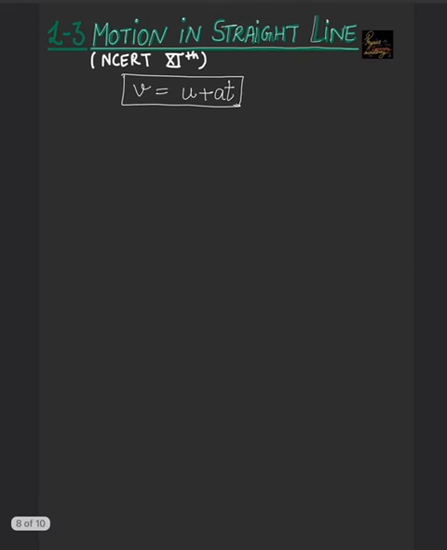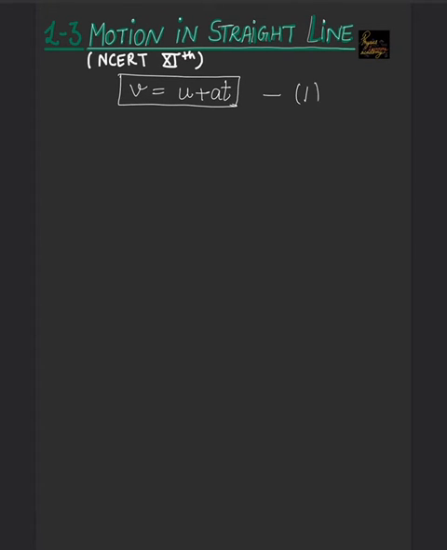Now you write this and mark this as 1. Now what we are going to use is v is equal to dx by dt. Again this is instantaneous velocity. Otherwise it would be v bar, if we were taking average.